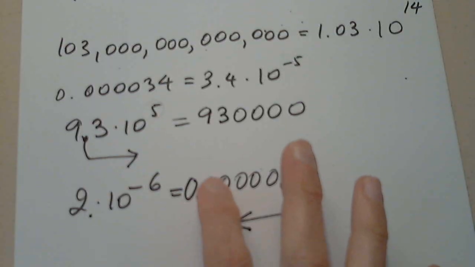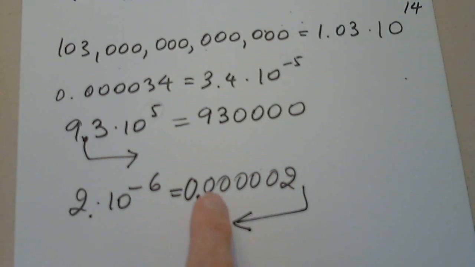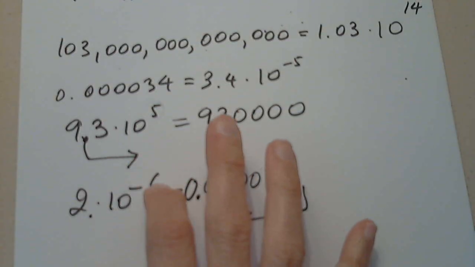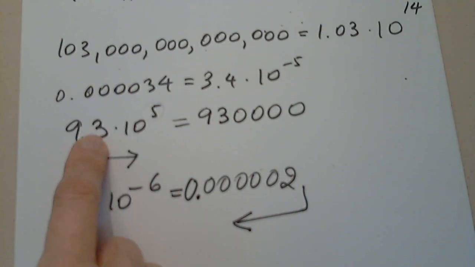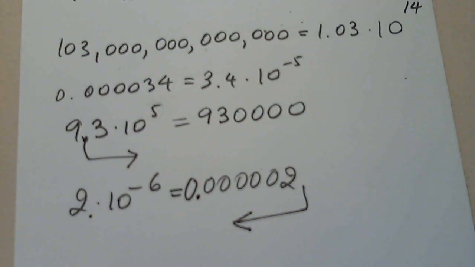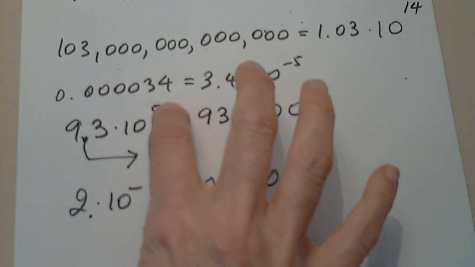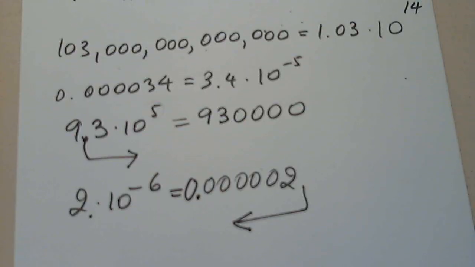So if it's a small number, we move the decimal digit to the left. If it's a large number, we move the decimal digit to the right, based on the number that is the power of 10. That's the number of spots we go, either right or left. Good.